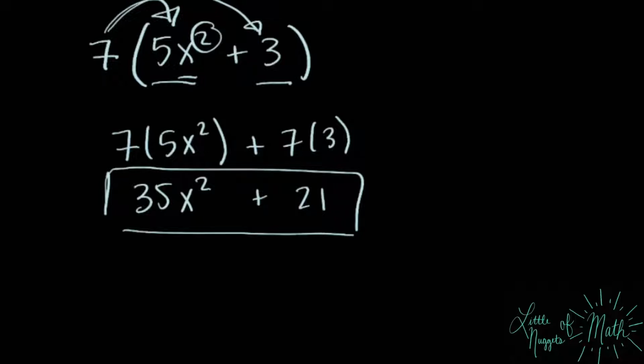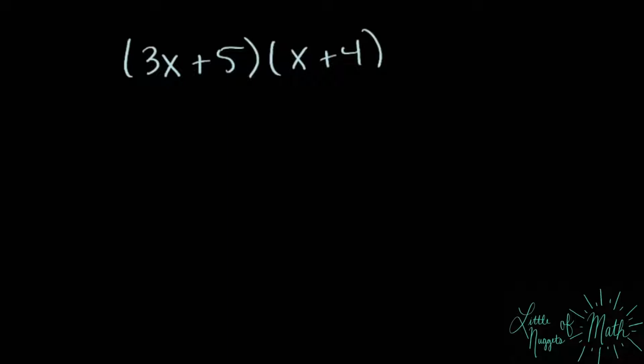So how can we use the distributive property to multiply more complex polynomials? Let's look at the case where we're multiplying two terms times two terms. An example of this would be 3x plus 5 times x plus 4. Remember, we're going to handle one term at a time to make things easier.